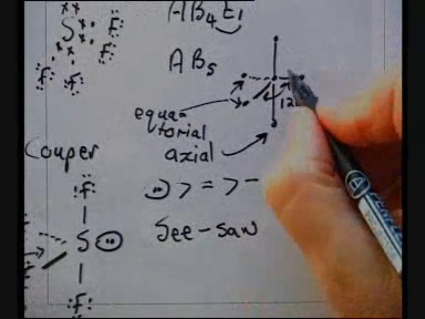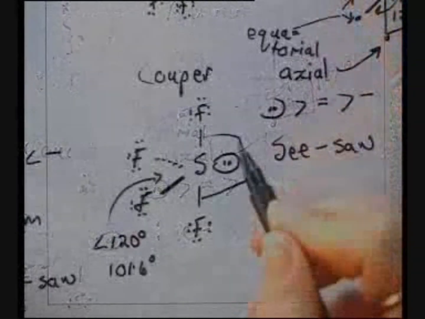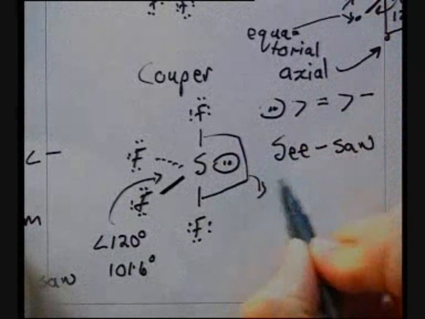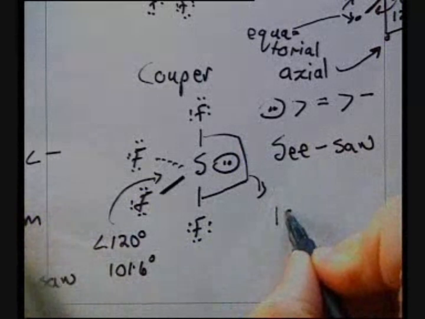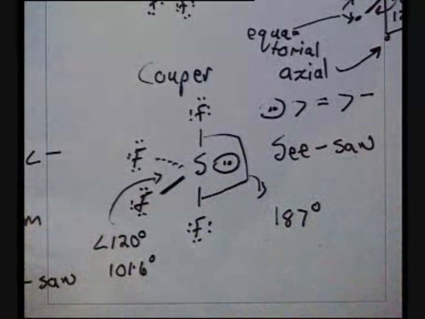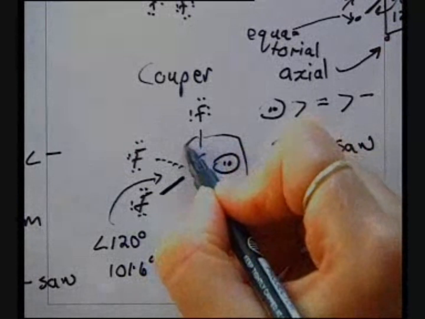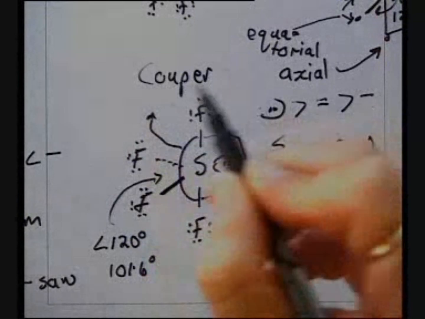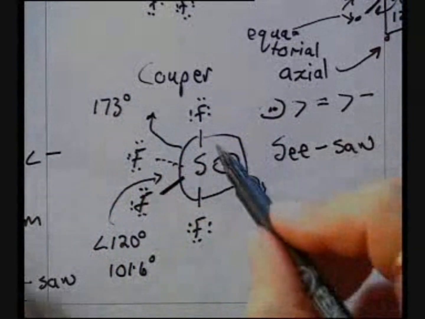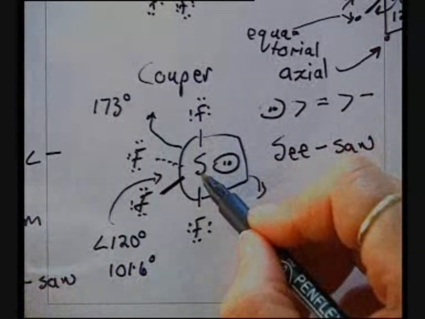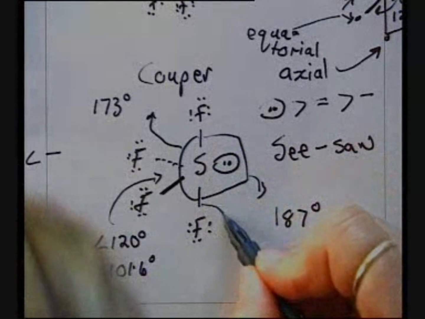Instead of the perfect 180 degrees that is expected, we find that this bond angle is not 180 degrees, but 187 degrees, making, of course, the bond angle from this side 173 degrees.